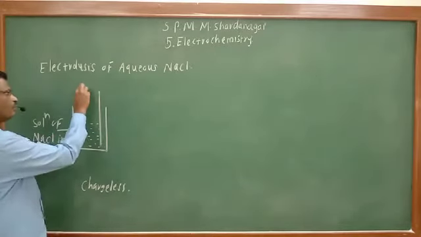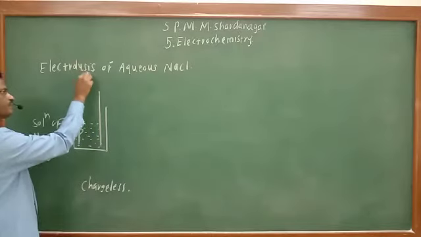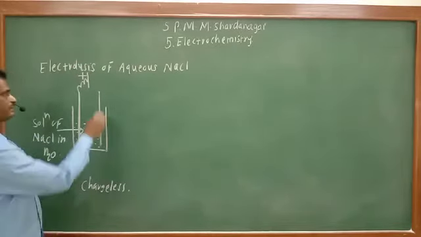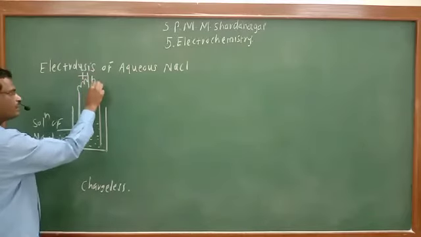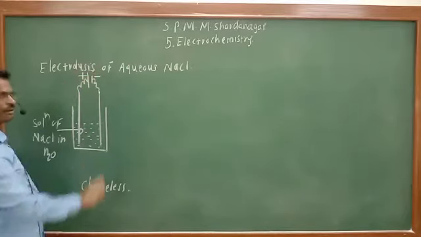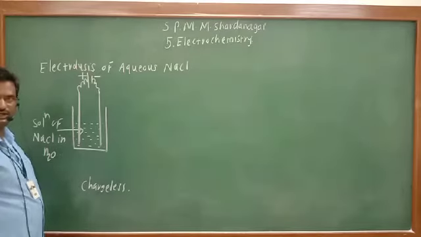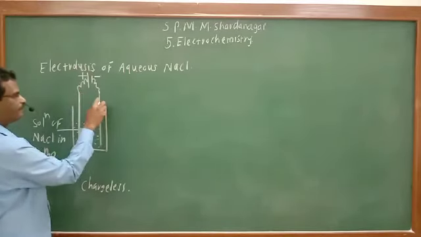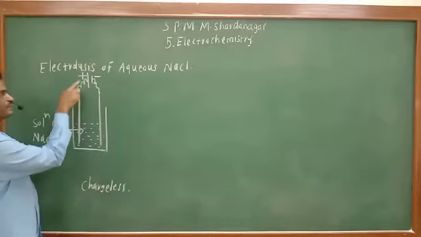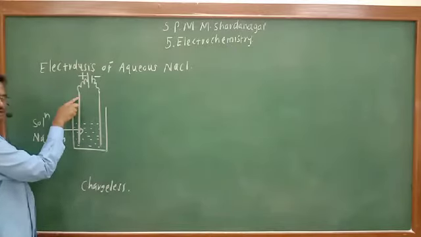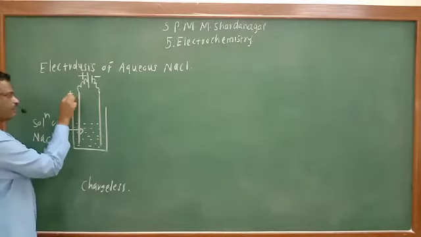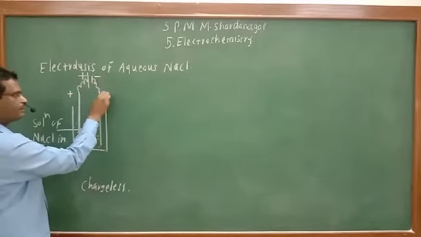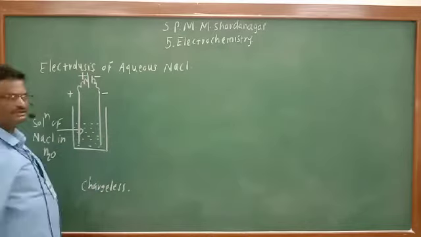Now, one of them is connected to the positive terminal of a source of direct current, a battery, and the other one is connected to the negative terminal of the direct current battery. The one connected to the positive terminal acts as the positive electrode. The other one, connected to the negative terminal, acts as the negative electrode.